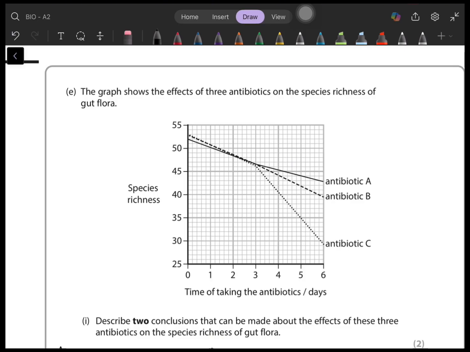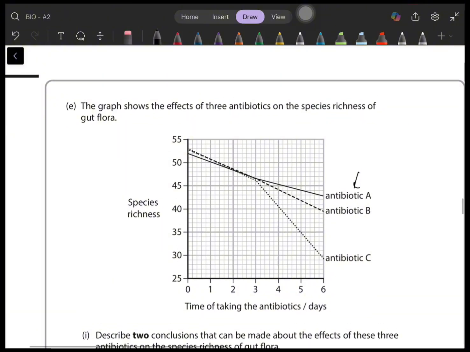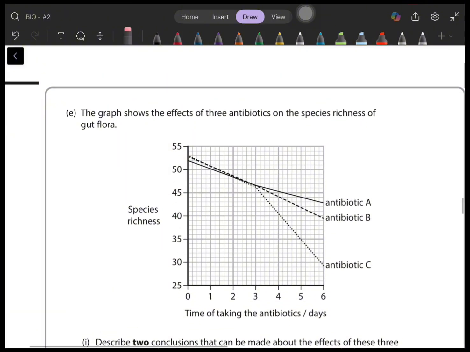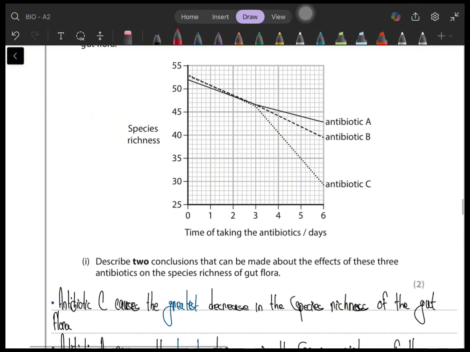Basically, as you can see, all of these three antibiotics cause the species richness to decrease. However, the decrease is greatest with antibiotic C and is the least with antibiotic A. So these are the two conclusions that we could deduce from this graph.